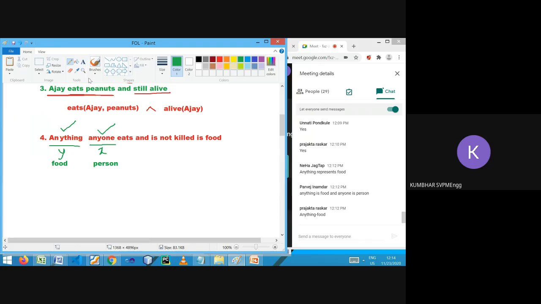Two sentences first: eats and not killed. If these two statements are true, then only the third statement, it is a food, will be true.